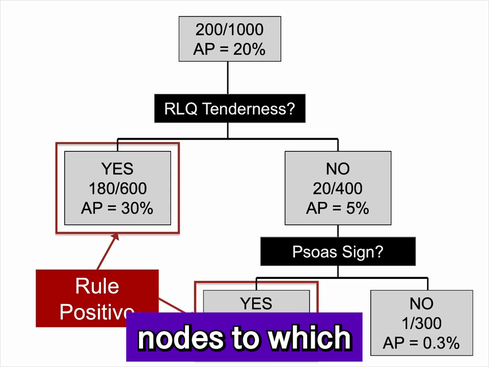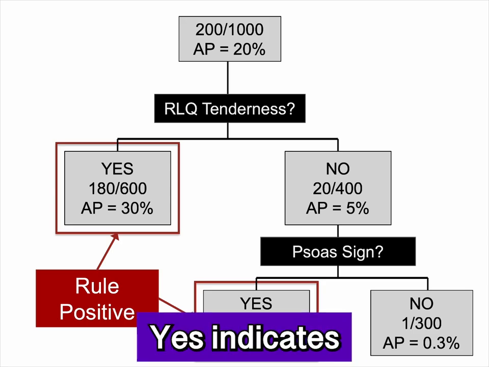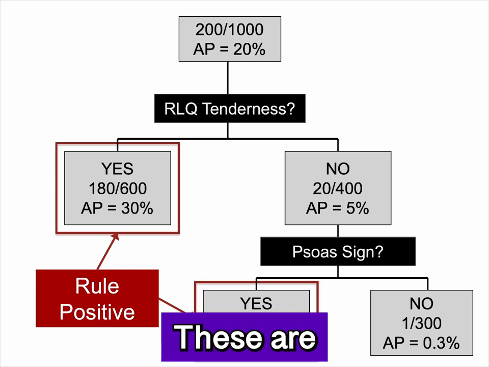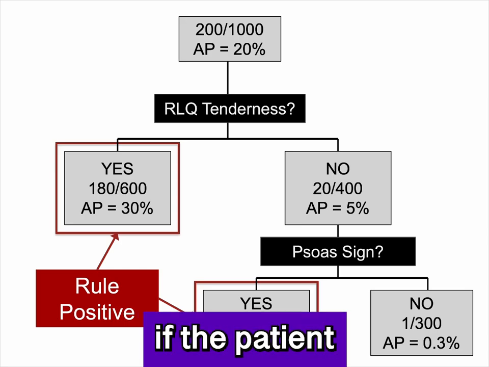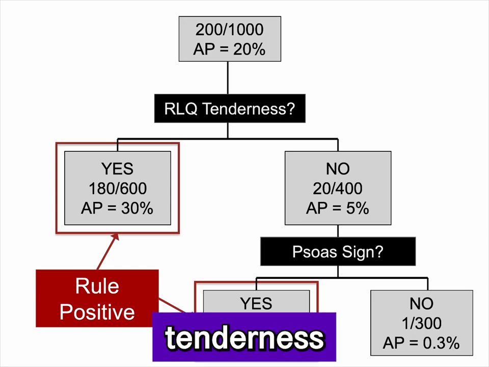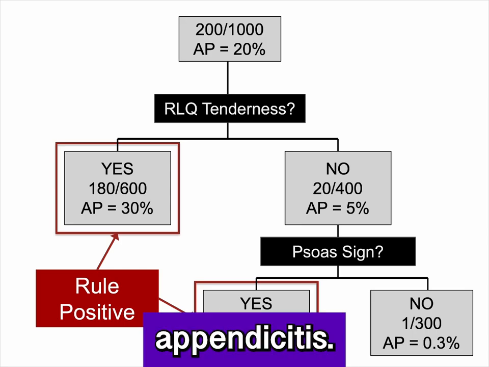The terminal nodes for which the answer to the question of the presence of the predictor variable is yes indicate a positive rule. These are patients at higher risk of the outcome. In this example, if the patient has right lower quadrant tenderness or psoas sign, they are at higher risk of appendicitis.